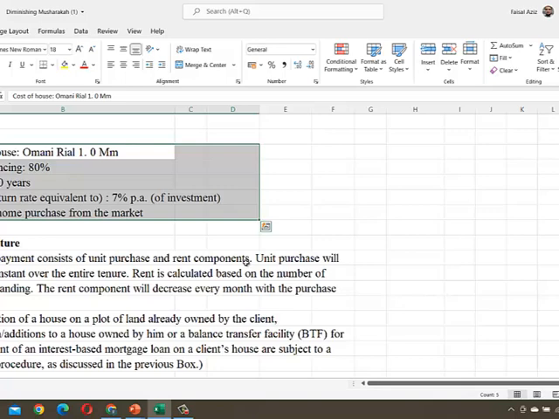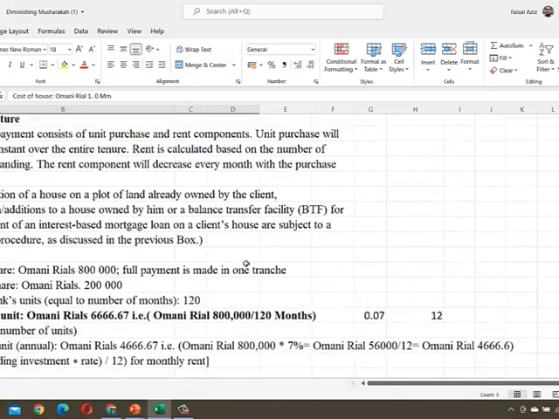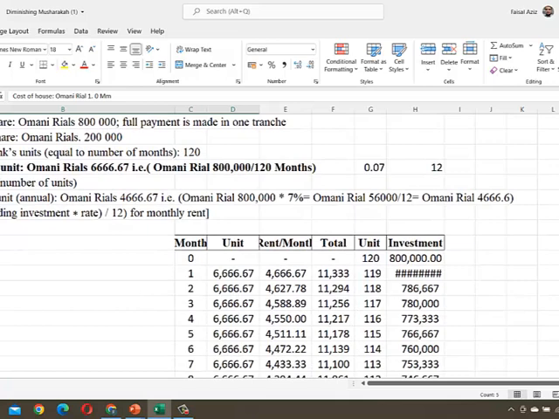Since the bank is financing 80% of the total cost, obviously the customer share will be 20% only. So let's have a look. Here the bank share, which I'm going to highlight in yellow, is 800,000 and the client share is 200,000. So the total value of the property will become a million.